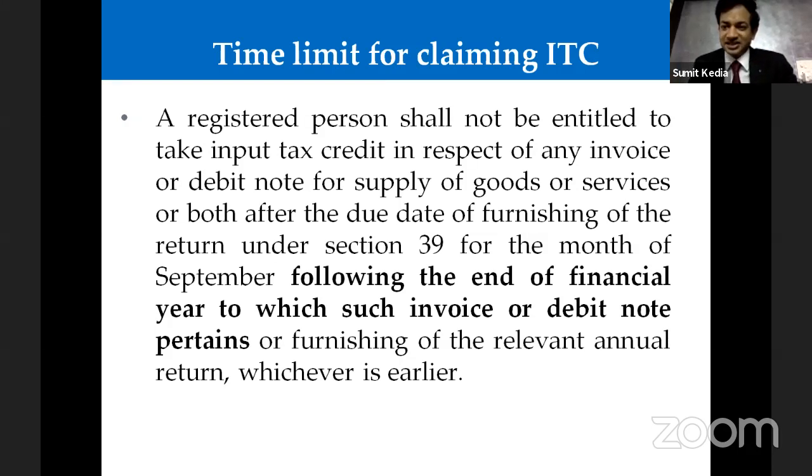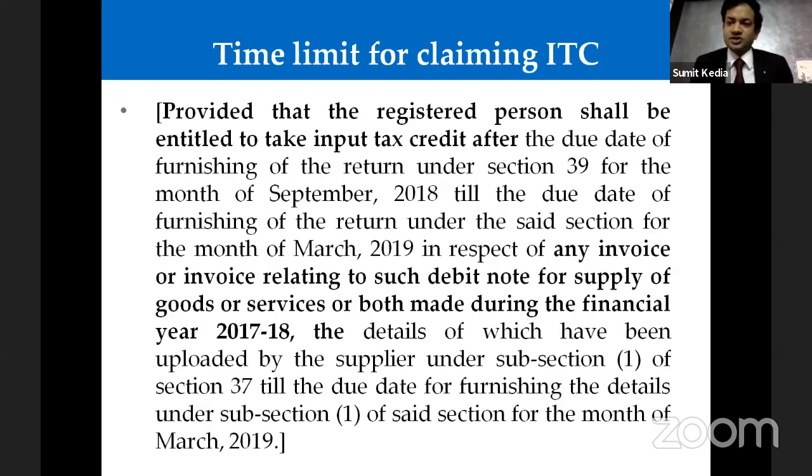Now this has a proviso also, which I will read. This proviso was inserted for the financial year 17-18. For financial year 17-18, the time limit to claim input tax credit was extended till March 2019.